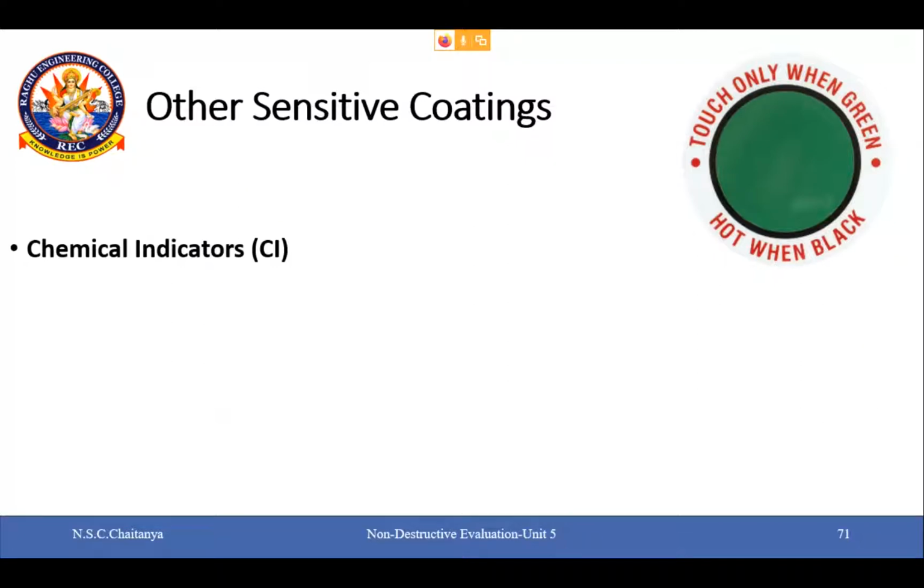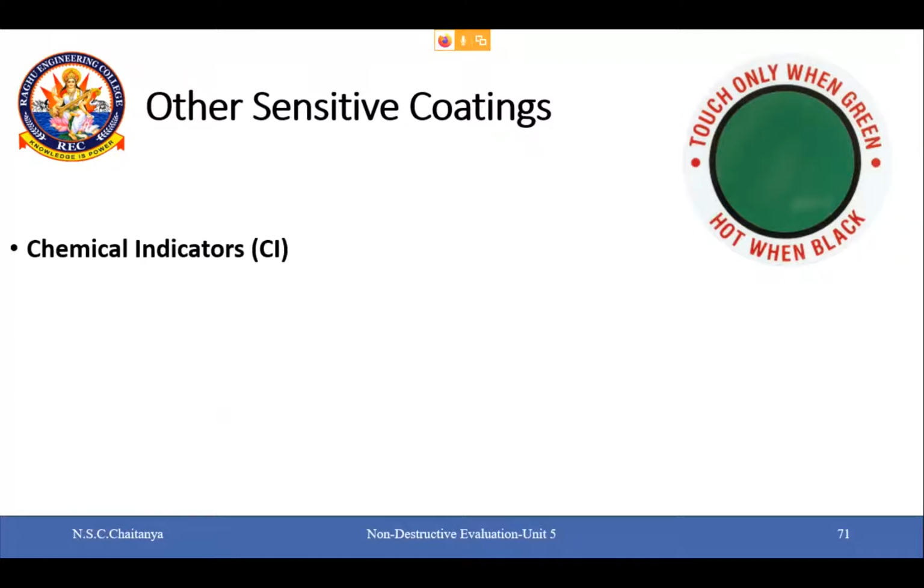So other sensitive coatings, first one is chemical indicators. Towards the right hand top of your screen you can see an image, "touch only when green," and it is also written as "hot when black." That means this sort of sticker can be stuck onto a component which is then subjected to heat.